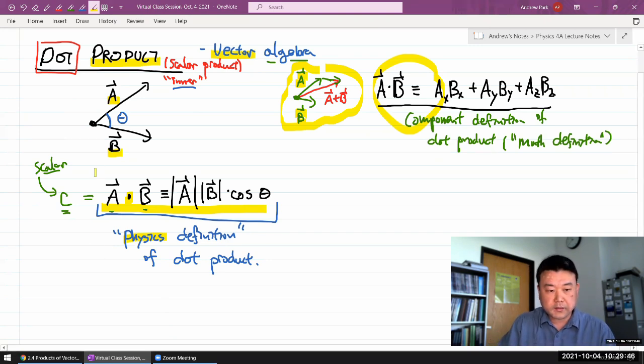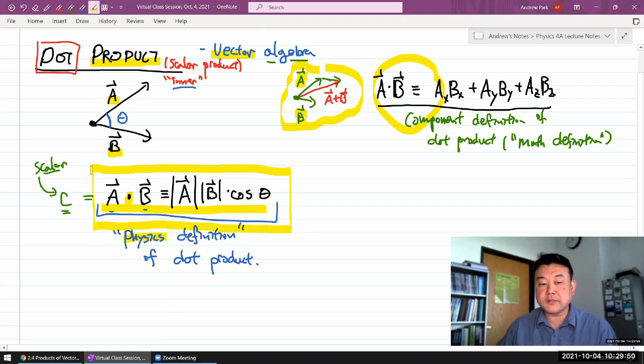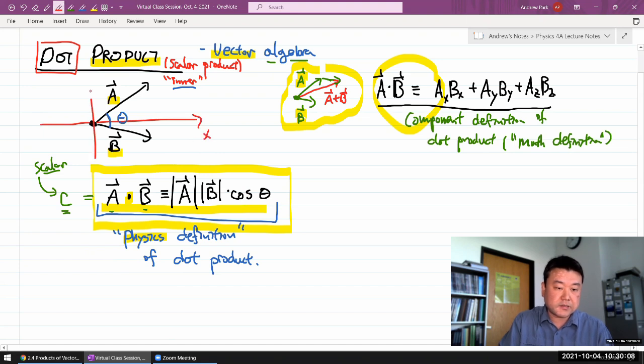When you look at this definition here, nothing requires that you define a coordinate axis. If you have two arrows, you can measure the angle between them using whatever means you have, and then proceed with this calculation without ever defining a coordinate axis, like this is my x, this is my y. You don't ever have to do that to apply this definition.